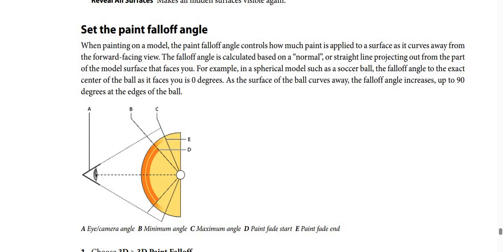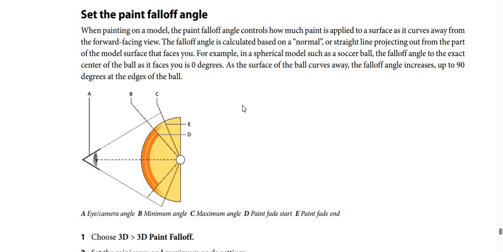For example, in a spherical model such as a soccer ball, the fall off angle at the exact center of the ball as it faces you is 0 degrees, and as the surface of the ball curves away, the fall off angle increases up to 90 degrees at the edges of the ball.